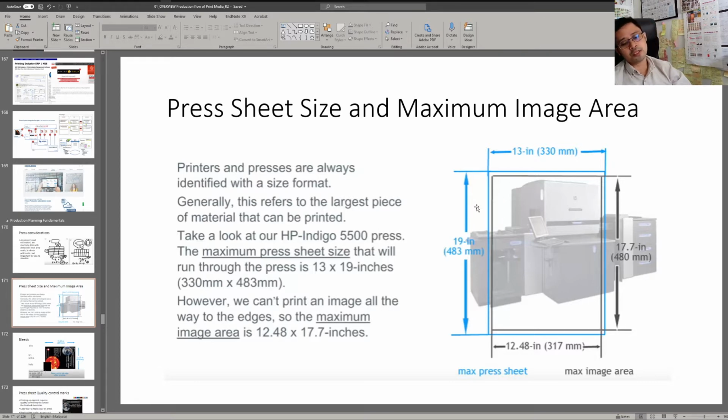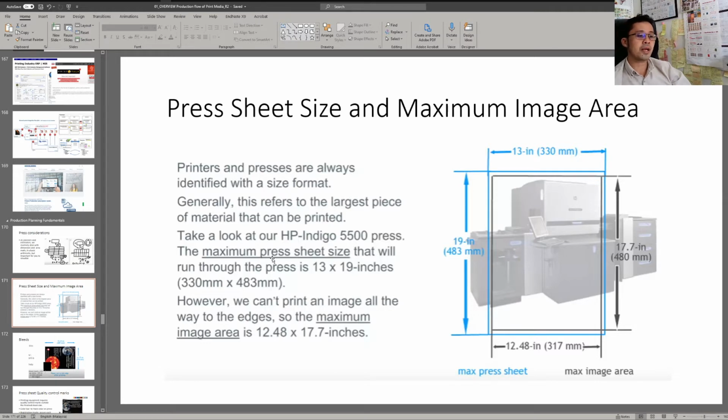So from this image we can say that maximum image area is not the maximum press sheet size. Dia bukan, dia dua size yang berbeza. Okay, so these two terms, kedua-dua istilah ini banyak diguna pakai dalam industri percetakan.